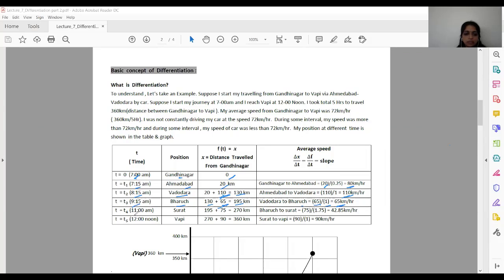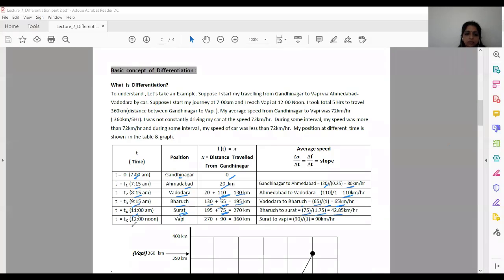Now at 11 a.m., after 9:15, so 1 hour and 45 minutes, right? At Surat, the total distance between Gandhinagar and Surat is 270 and the distance between Bharuch and Surat is 75. So the average speed between Bharuch and Surat is 75 upon 1.75, that is 42.85 km per hour.